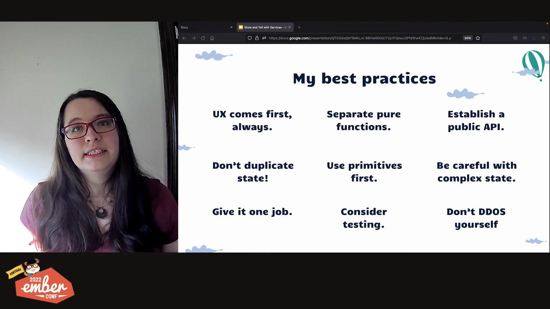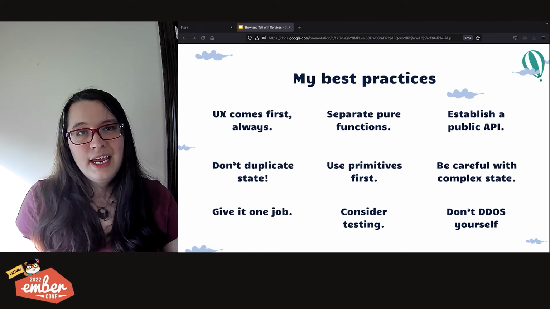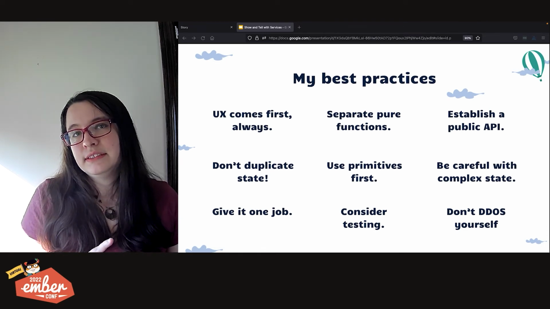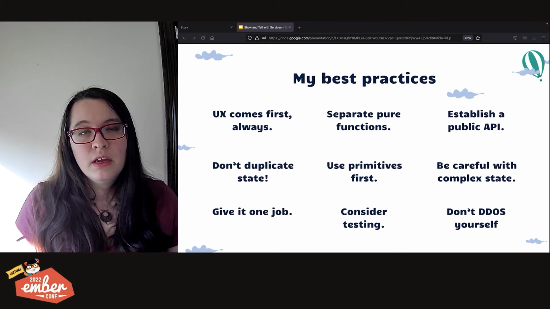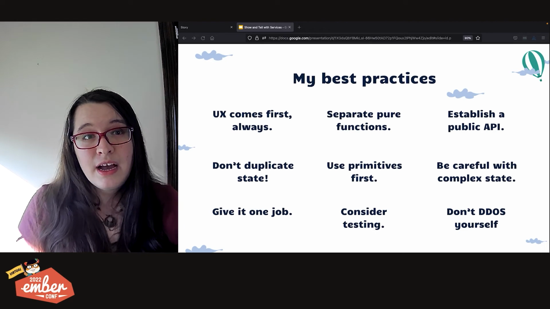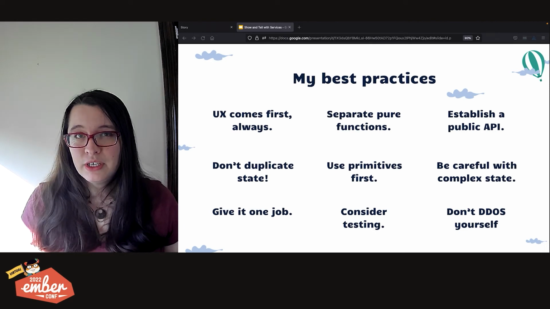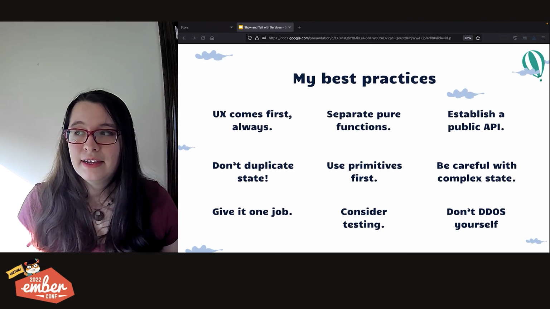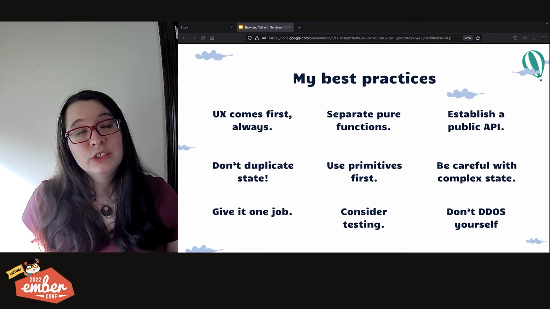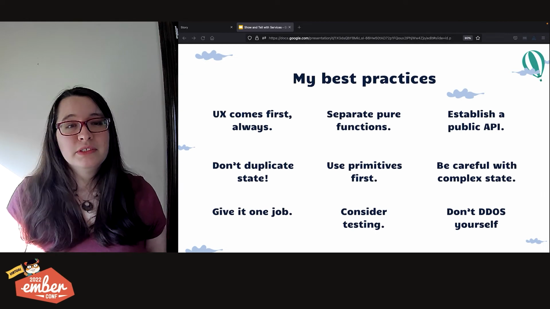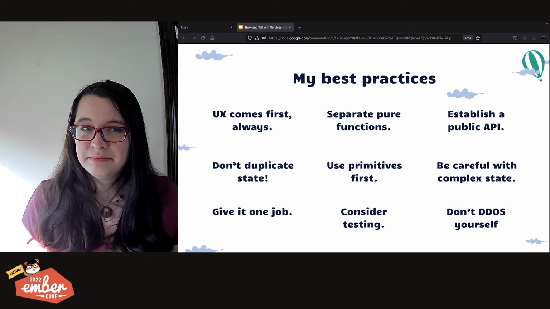So by that I mean save booleans, numbers, strings, and only reach for objects and arrays when you actually need them. I recommend being careful with complex state. You need to make sure that your users can't get into a state that you aren't able to replicate when you go to debug.